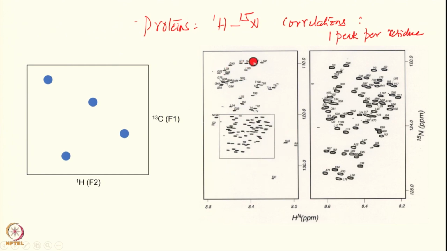On the top you have the glycines, then you have the threonines here, then you have various other ones, asparagines, alanines and things like that. This is a little crowded region. By and large this area is more crowded.